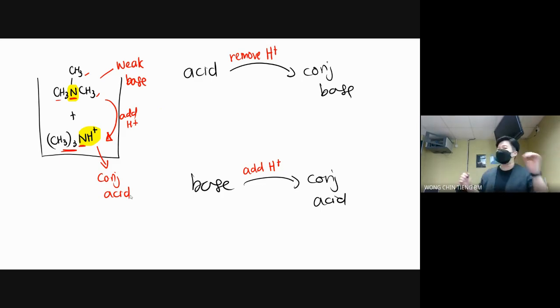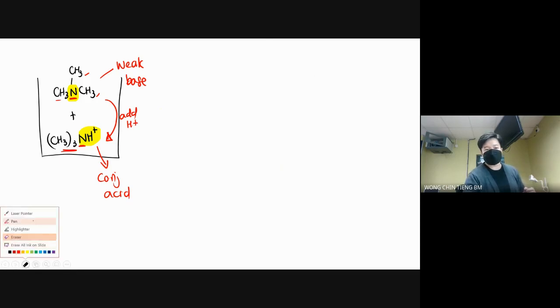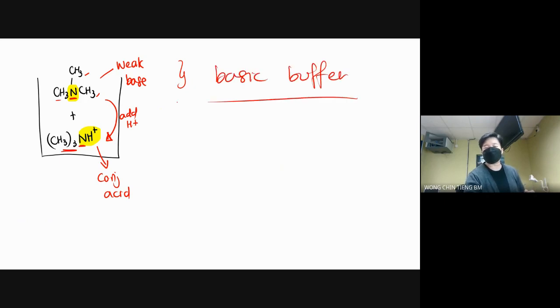Tidak. Dan bila kamu tahu dia adalah buffer, what type of buffer? Basic buffer. Dia basic buffer sebab dia adalah weak base, so dia akan jadi basic buffer. Next question. pH will be? Alright. pH will be definitely more than 7, ladies and gentlemen. I'm asking about pH, even though it's a basic buffer. Okay? Next one.